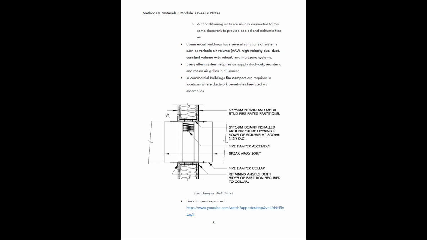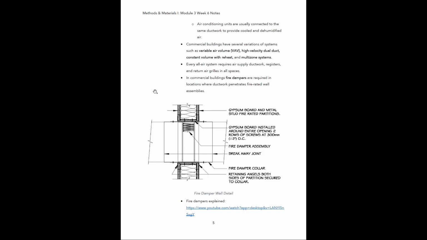We've talked a little bit in the past about fire-rated wall assemblies, but basically anytime you insert some sort of penetration that is breaking the assembly, you're going to have to incorporate special components or special design considerations to address that penetration, okay?